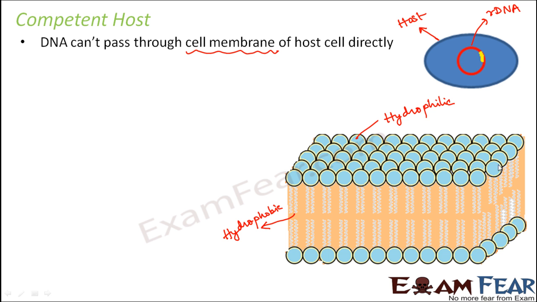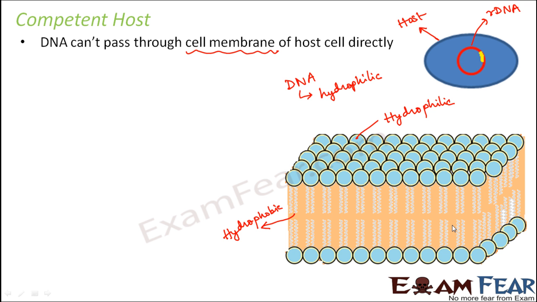This is how the structure of the cell membrane is, and due to this structure, the recombinant DNA cannot directly pass through the cell membrane. That is because DNA by its nature is hydrophilic. Since DNA is hydrophilic, it is very difficult for DNA to cross this membrane, because in this membrane the outer layer is hydrophilic but the inner layer is hydrophobic.